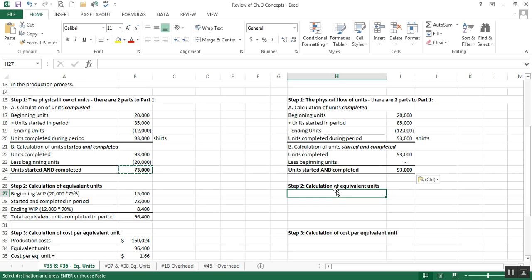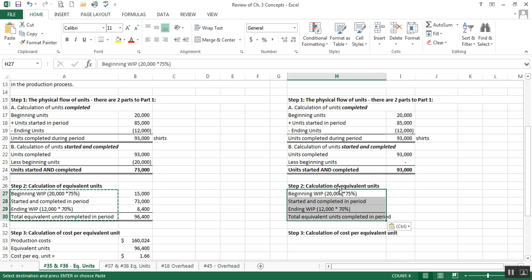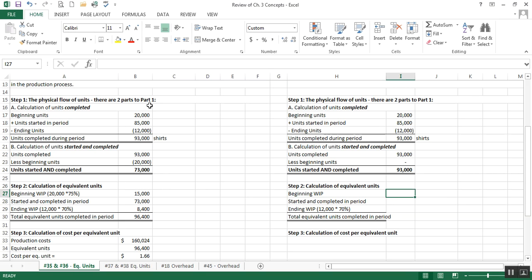Now we calculate our equivalent units. Again, it's a similar process. We're going to take the beginning WIP, which, as we just discussed, for weighted average is 0. We assume 0 for weighted average. So our started and completed, we calculated above as 93,000. And then our ending WIP is the same under both methods.